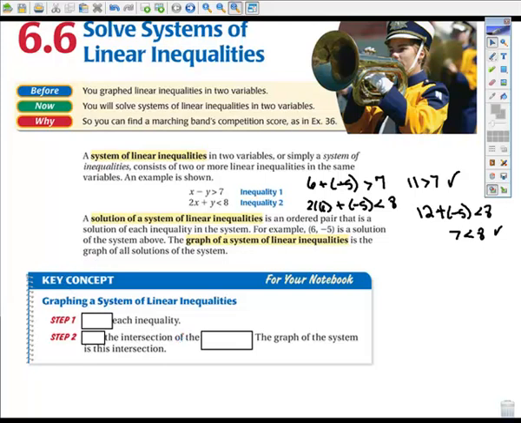So when we graph them, step one is that you are going to actually graph each inequality, and then after you have them both graphed, you're going to find the intersection of the half planes. So this will require double shading, sometimes triple shading if we have more than two inequalities in our system. So let's go ahead and try this.